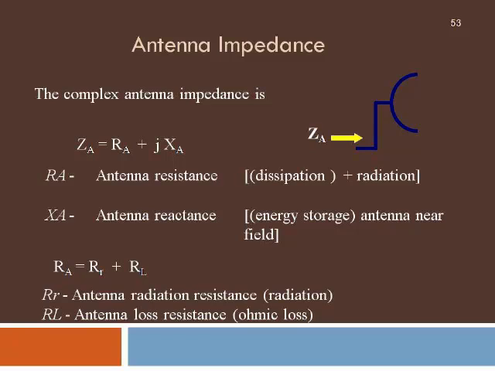And the radiation resistance is not the complete picture in some antennas, because they may also have a small amount of loss across the body of the antenna. In such a case, RA is going to be the radiation resistance plus the loss resistance.